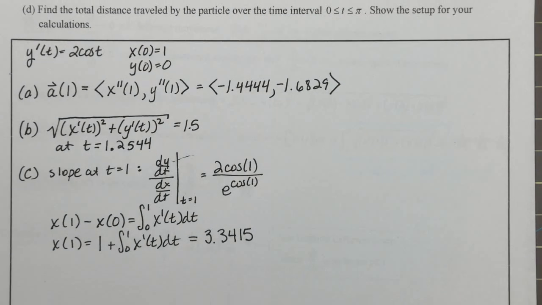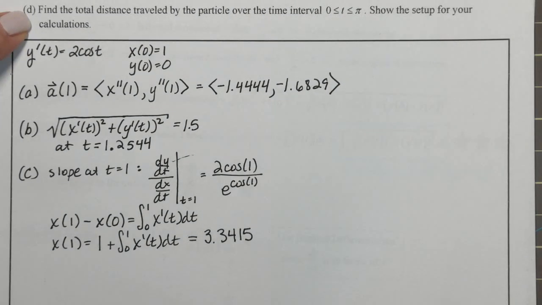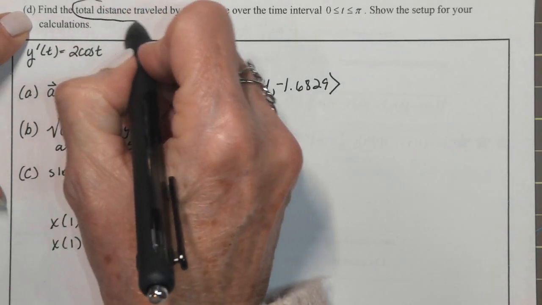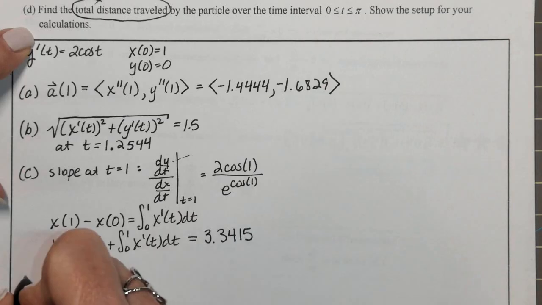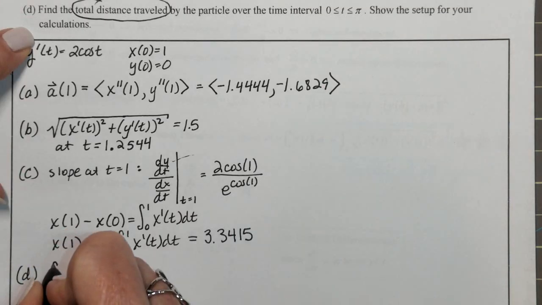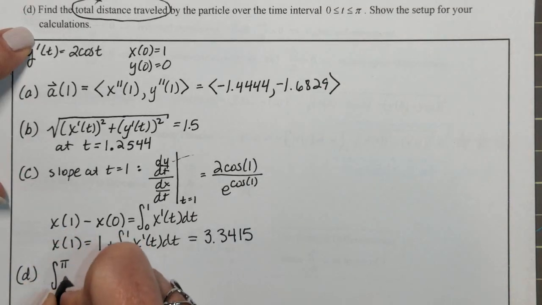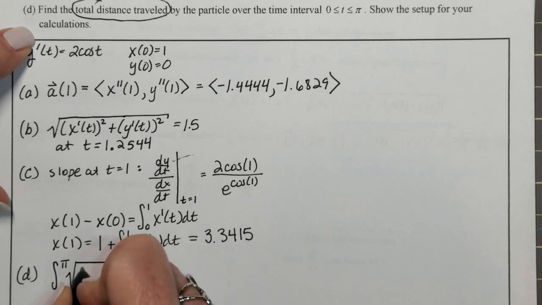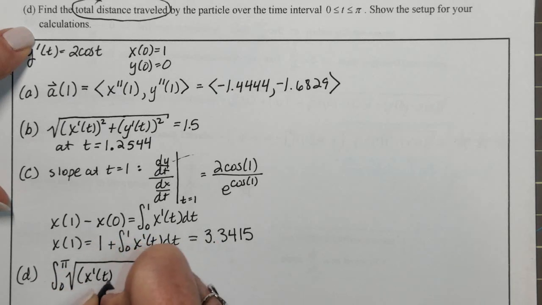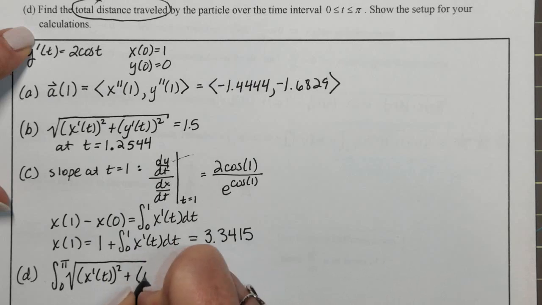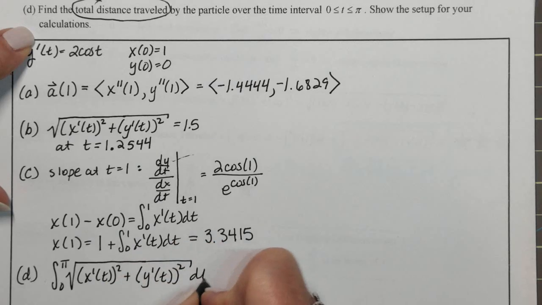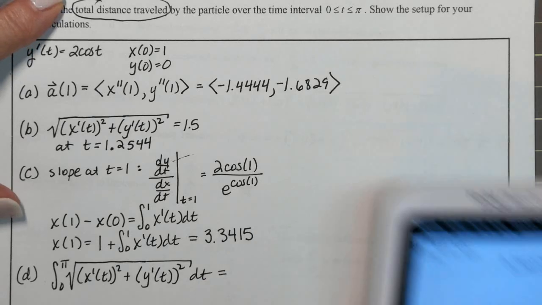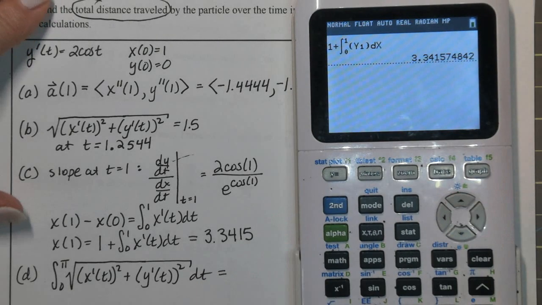On to part D, find the total distance traveled. We have a formula for that. Total distance traveled between 0 and pi. So for part D, integral 0 to pi of speed. We always have to say what we're doing. So this is what we're doing. We have to write that down. And then we can let our calculator do the rest.